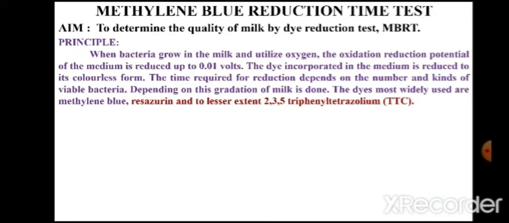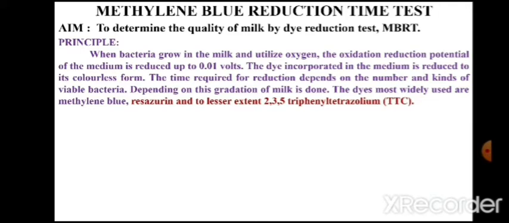Bacteria once introduced in milk may grow as a result of aerobic respiration, and due to this the oxidation reduction potential of the milk medium gets reduced to 0.01 volts. That means the reduction potential of the milk increases, and the oxidation potential decreases.